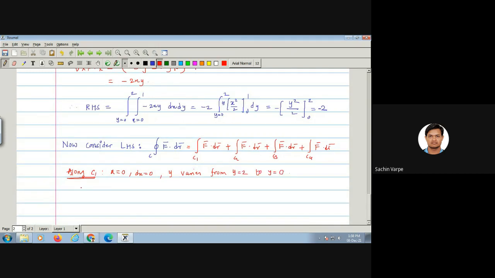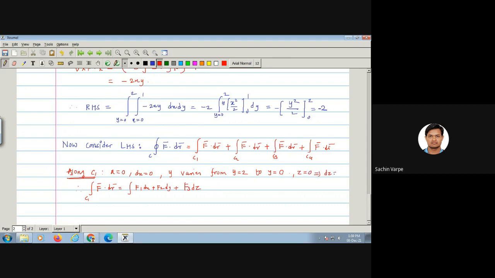So therefore, what does the integration become? Integration of f bar dot dr bar over C1 will be integration of f1 dx plus f2 dy plus f3 dz. But since we are on the xy plane where z equals 0, dz is also 0.